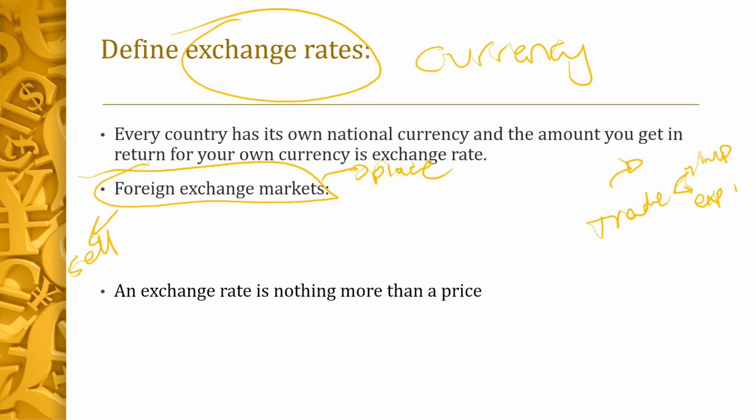Now, I need you to think that the exchange rate is nothing more than a price. That is the price of one currency in terms of another currency. And so we can analyze it with the tools of supply and demand. Because it's a price, remember, we will analyze it using the tools of supply and demand of currencies.